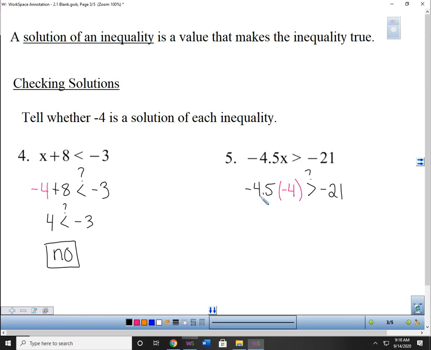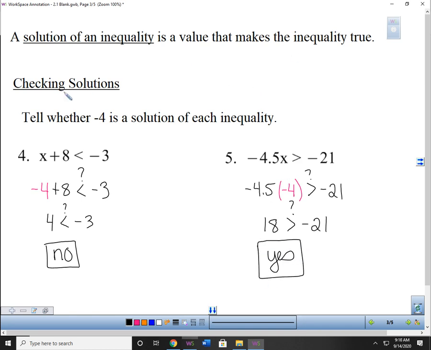So if I take negative 4.5 and I multiply that times negative 4, so negative 4.5 times negative 4 is 18. Is 18 greater than negative 21? Yes. So yes, negative 4 is a solution.